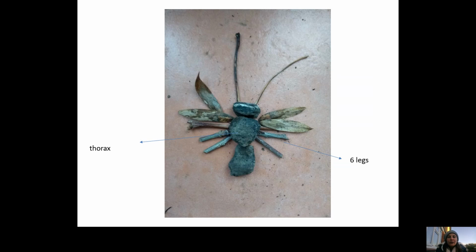I have got 4 wings made out of leaves, and then I've got 2 very, very thin twigs for my antennae. And then I've labelled it, so I've got the thorax and the 6 legs. I will also label all my other bits, but I just haven't done that yet. So I would label my antennae, I would label my head, my abdomen, and my wings. Remember, not all insects have wings, but I chose a butterfly, so mine does have wings.